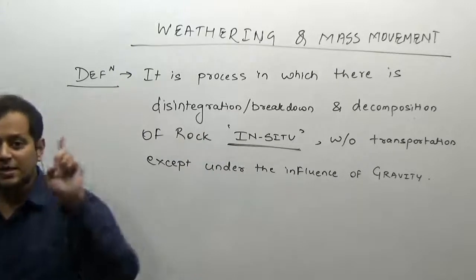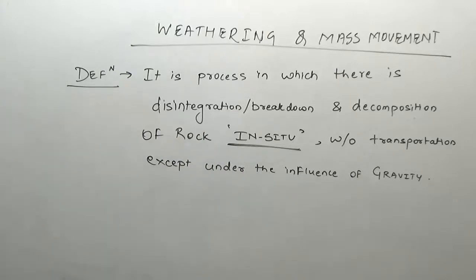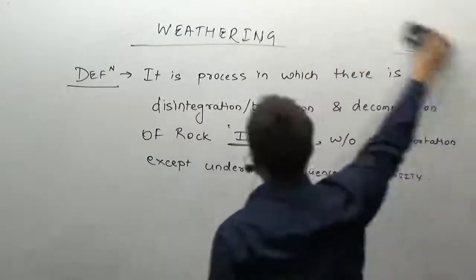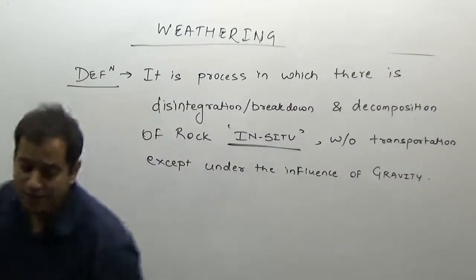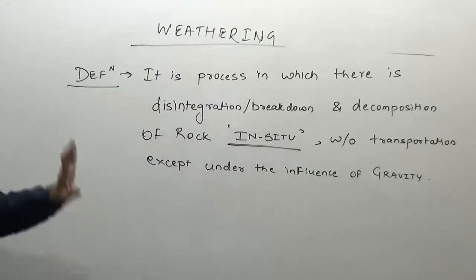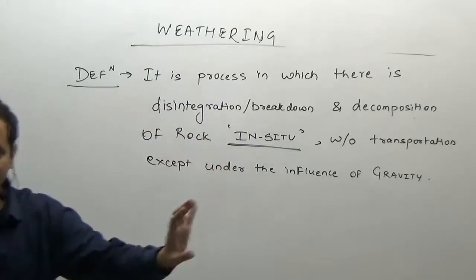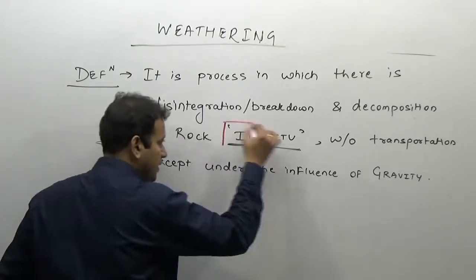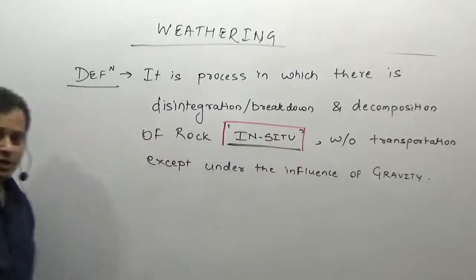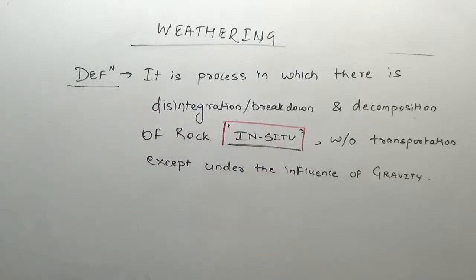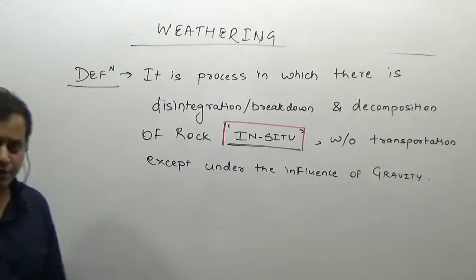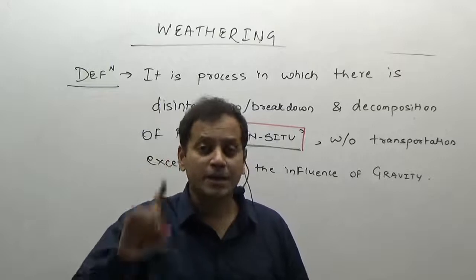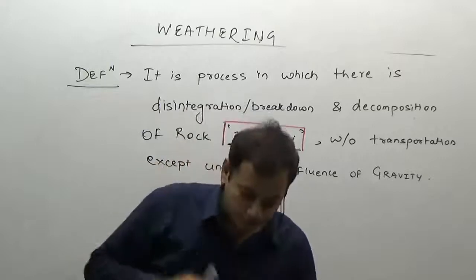So weathering is a process, we are not defining mass movement here, we are defining only weathering. Weathering is a process in which there is disintegration, that is physical breakdown, or decomposition, that is chemical breakdown, of the rocks in situ. That is, there is a denudation of the rocks in situ. There is no transportation except under the influence of gravity. So remember, in weathering, again I am repeating, it is in situ breakdown of the rocks.